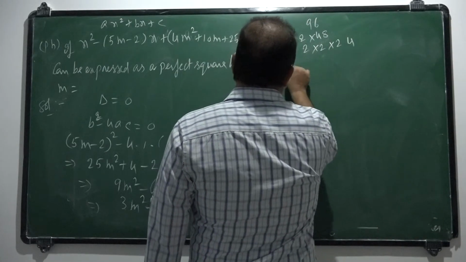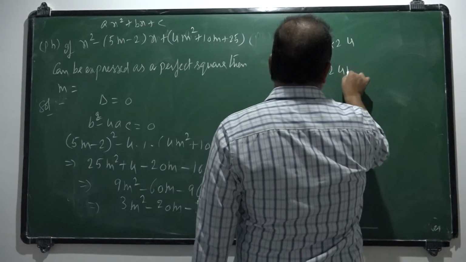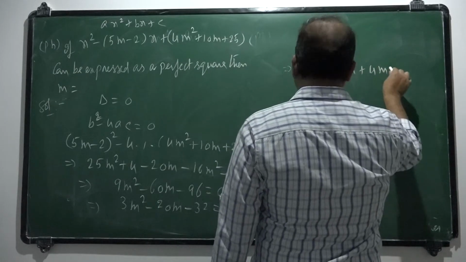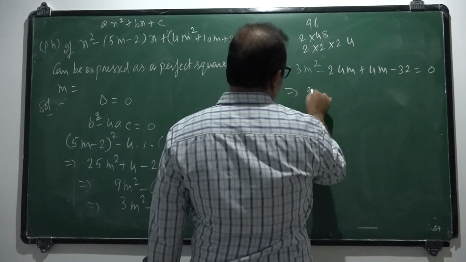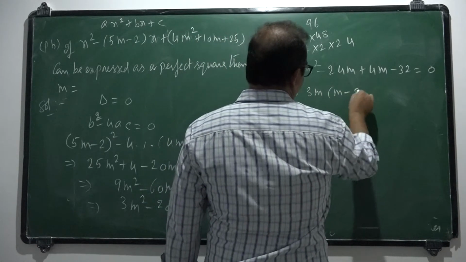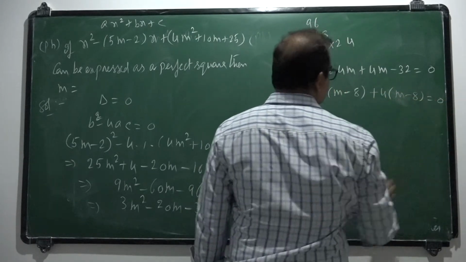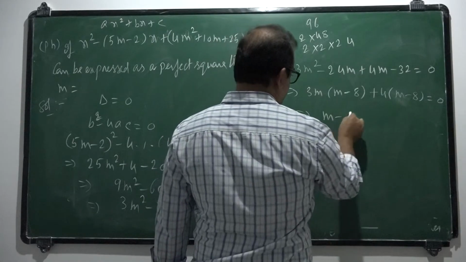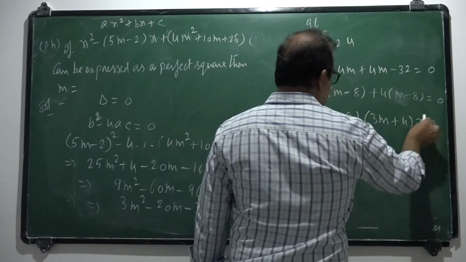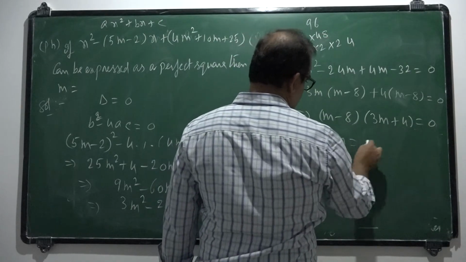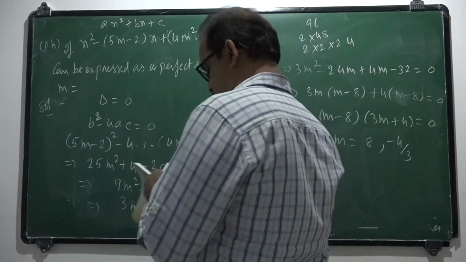So write it as 3m square minus 24m plus 4m minus 32 is equal to 0. 3m into m minus 8 plus 4 into m minus 8 is equal to 0. m minus 8 into 3m plus 4 is equal to 0. So m is equal to 8 or m is equal to minus 4 by 3.